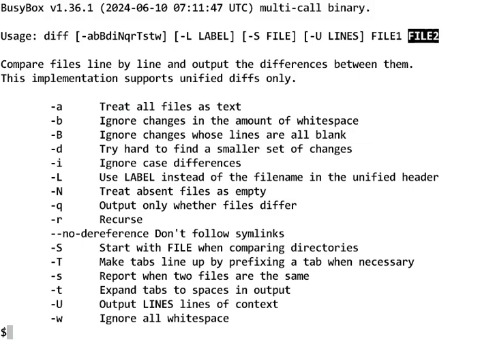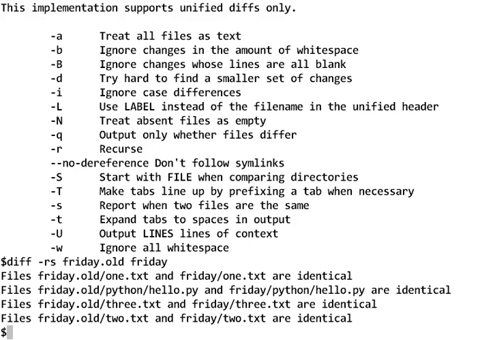You can also put a -Q that says output only whether files differ, and you can use a -S that says report when two files are the same. So let's see what happens if we put an S on here, like that, RS. And it tells you, file by file, they are identical, the same.